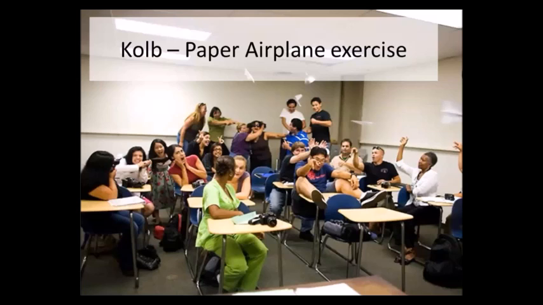We identify their dominant learning preference, and then we have them get together and come up with a plan for teaching the class how to make a paper airplane. Then they come back to the class and, as a group, they give a little lesson on how to make a paper airplane. And each group will approach it differently.